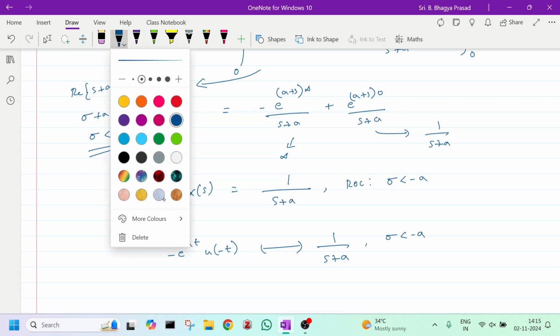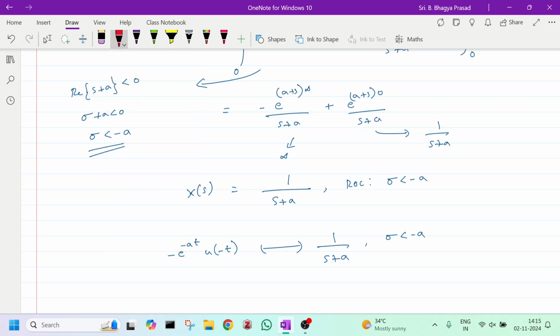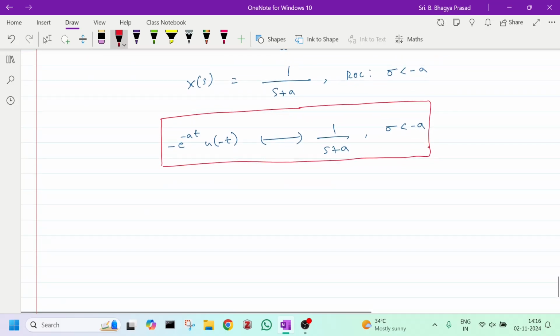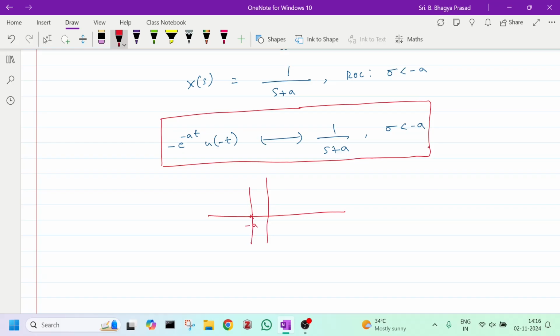So you can observe that for the right sided signal e power minus at u of t, the answer is 1 by s plus a, but the ROC is sigma greater than minus a. But here the ROC is, if you make it as minus a, the ROC is left side.